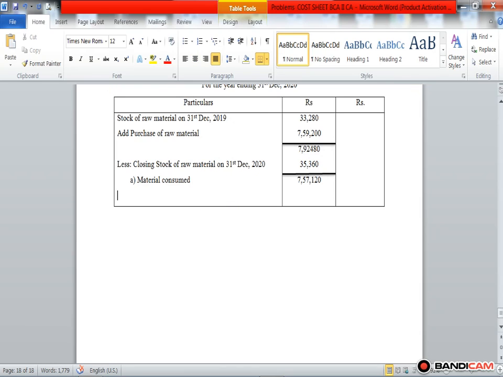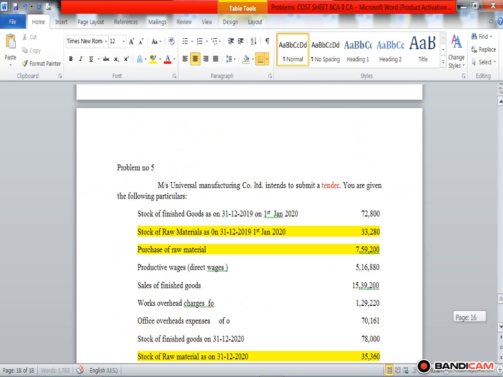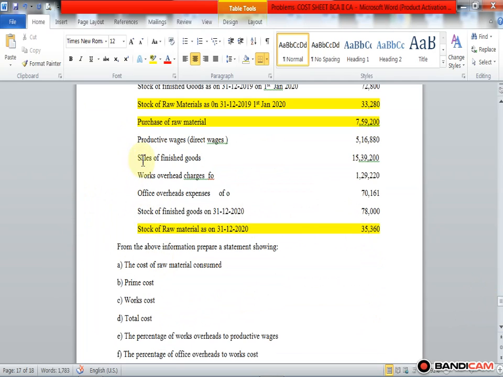In material consumed we add direct wages, that is productive wages, which is given in the problem. Productive wages is 5,16,880. Okay, so let's see in the problem. Here productive wages is also given, that is direct wages 5,16,880.